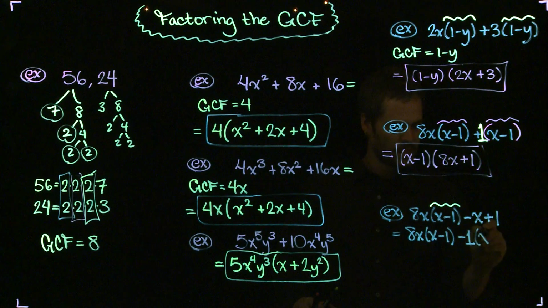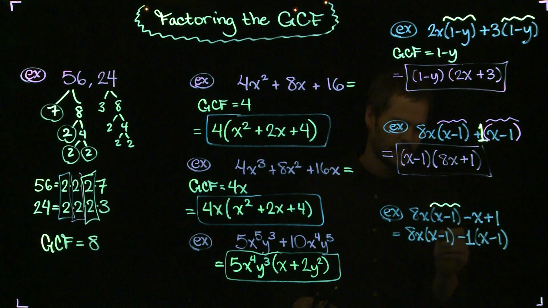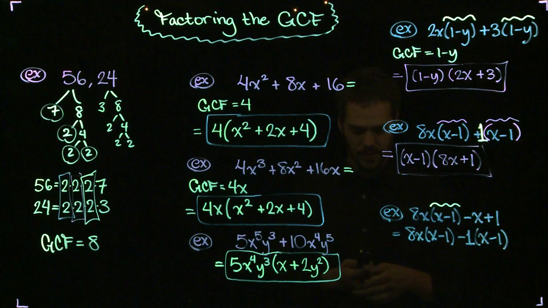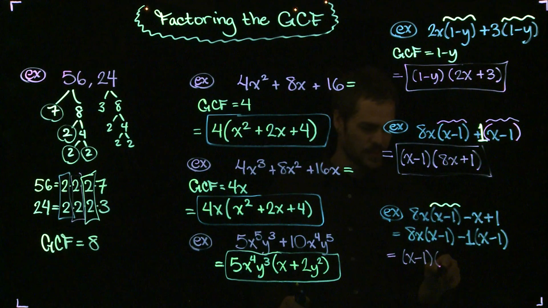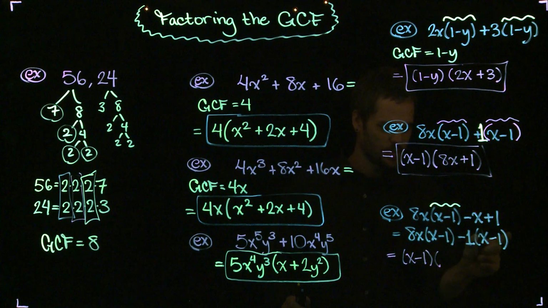That gives me a positive x minus 1 as what remains. Aha, now notice I have the common binomial factor of x minus 1. So I'm going to factor out my x minus 1. And what I'm left with in the other set of parentheses are these two terms divided by x minus 1, which gives me 8x minus 1. Here's the minus 1 right there.